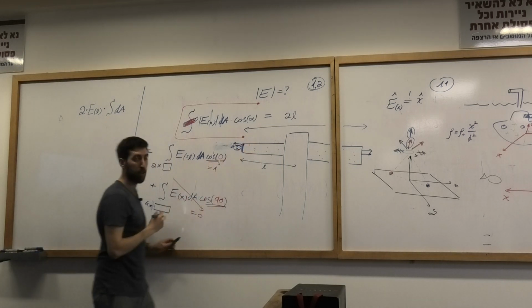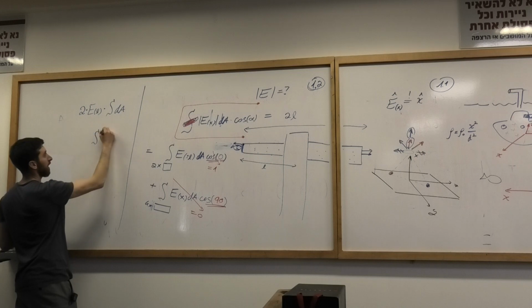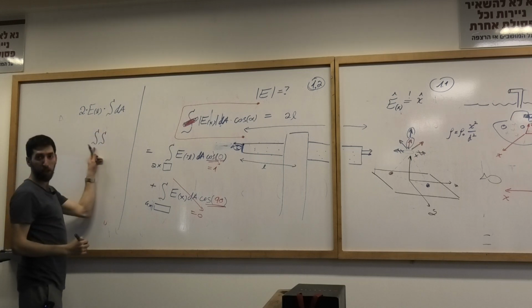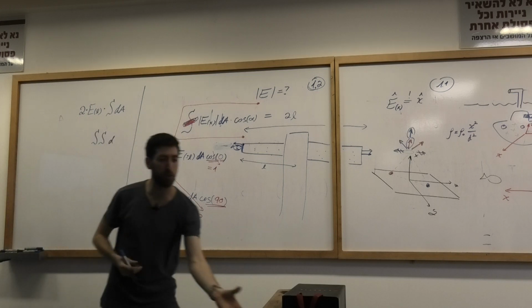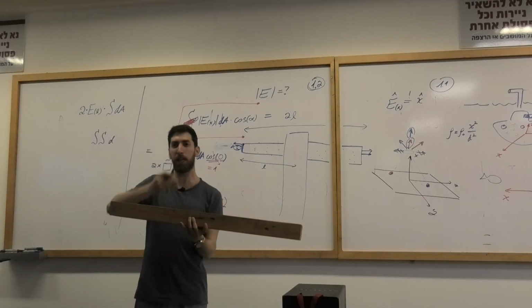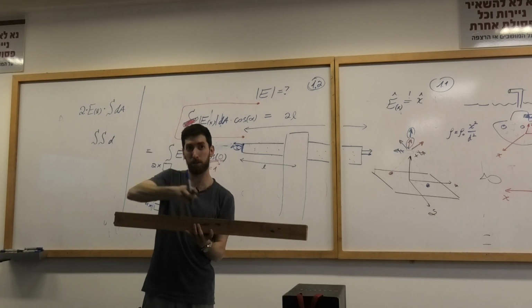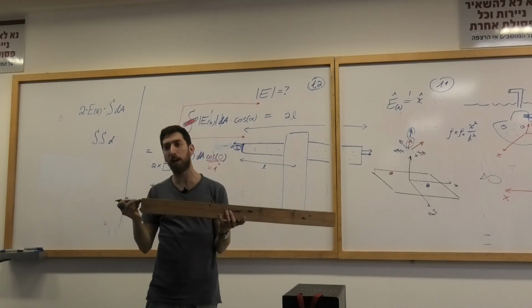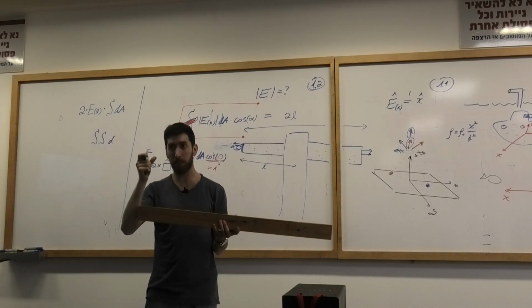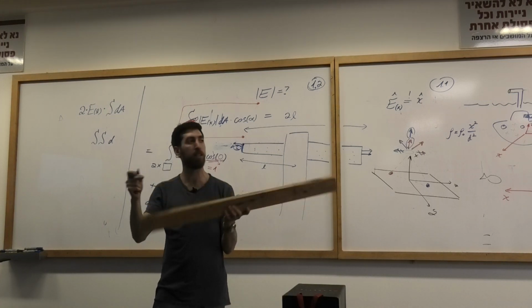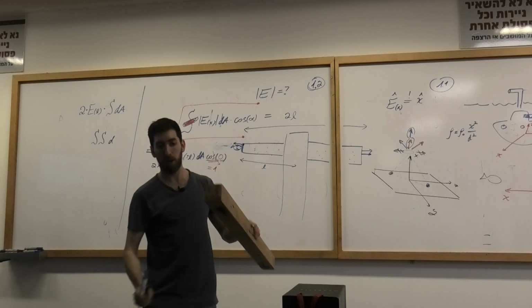It's a two-dimensional area, and we're calculating small contributions. Remember, this is z, this is y, so it's small chunks of dz and dy that are going to build this part.